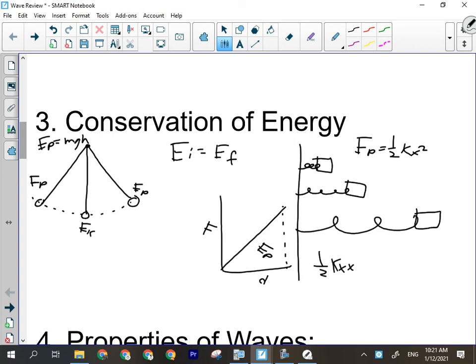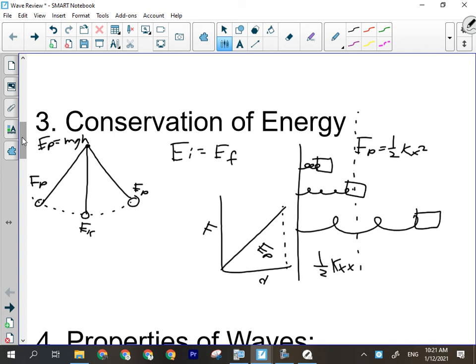If this is our equilibrium position right here, what kind of energy does the box have at equilibrium? Just potential? The opposite. All kinetic.